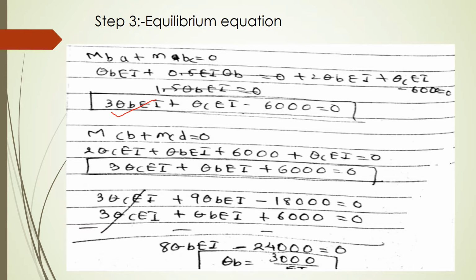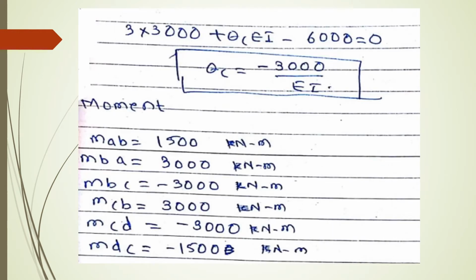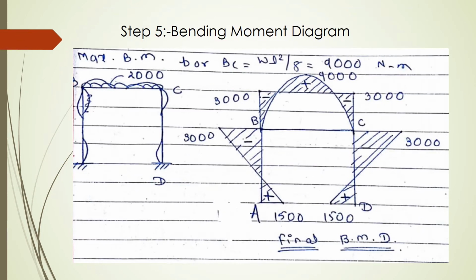The second equation we got after applying the equilibrium condition at joint C. By solving these two simultaneous equations, we will have the slope at B and C, and put all these values into the slope deflection equation of every end moment. So we will get all these end moments by putting the values of theta B and theta C into the slope deflection equation.